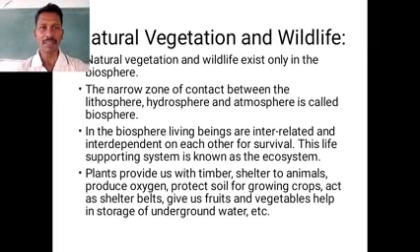Plants mainly provide us with timber, shelter to animals, and they produce oxygen. They protect soil from erosion, they are helpful for the soil for growing different crops, and they act as shelter belts.